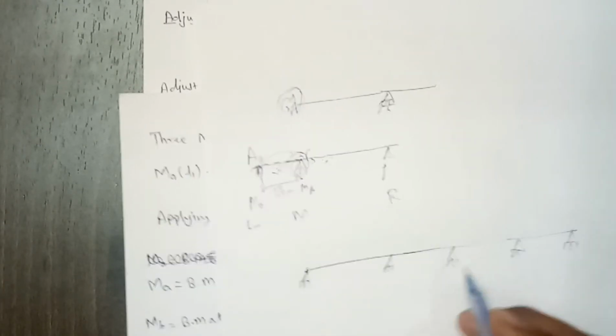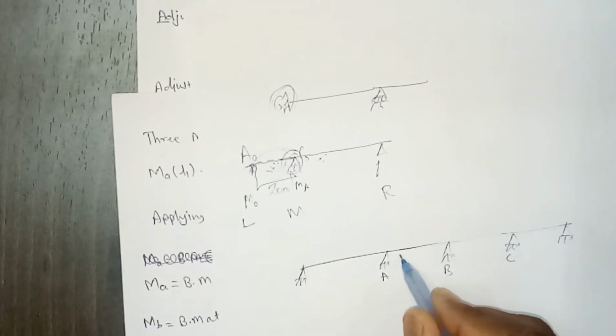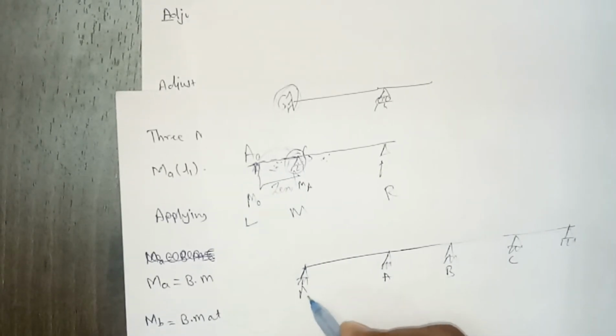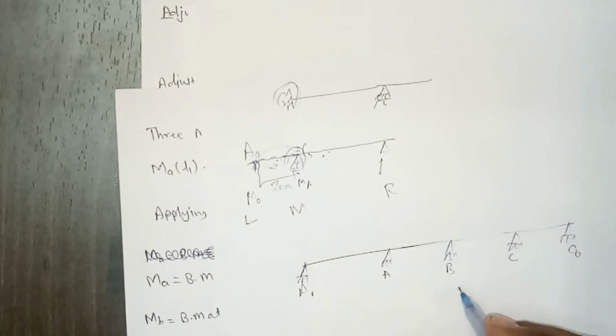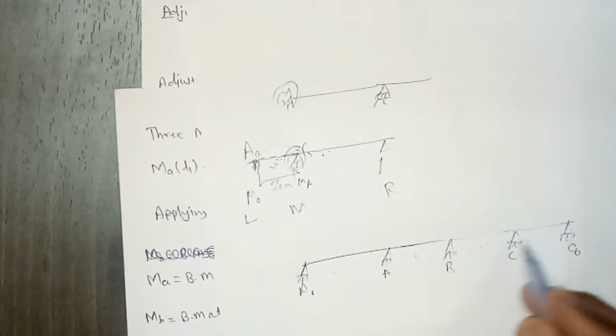So here it is supported on three supports. Say this is A, B, C. For any two consecutive spans we can use this three moment equation. So you can use it for this two, or for this two.